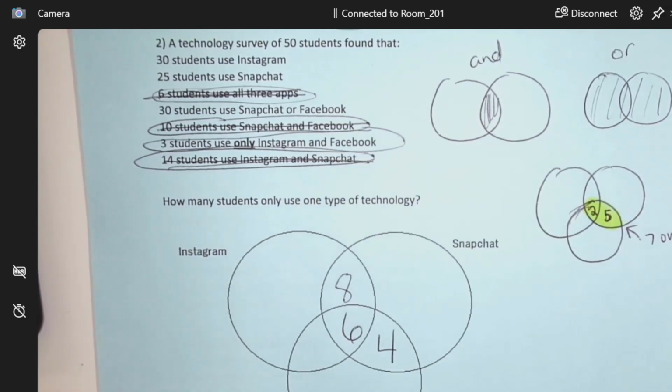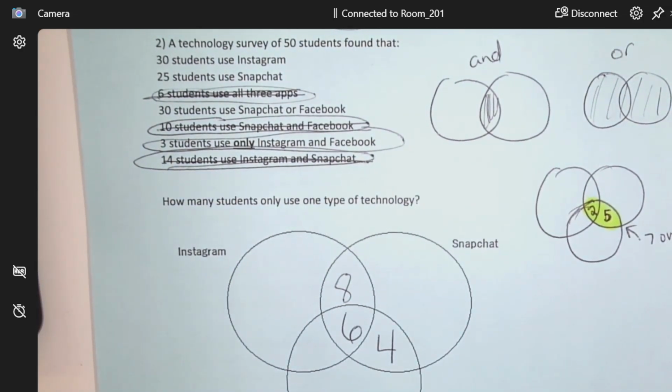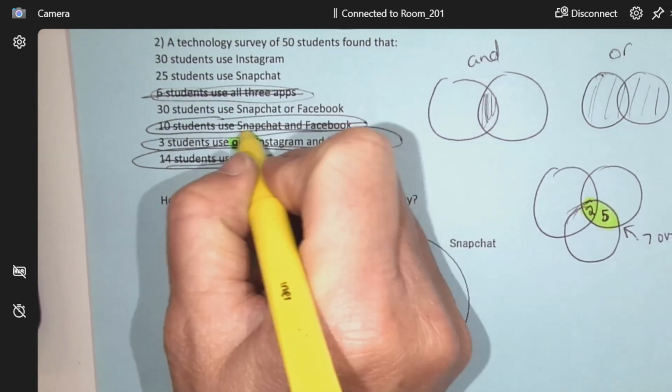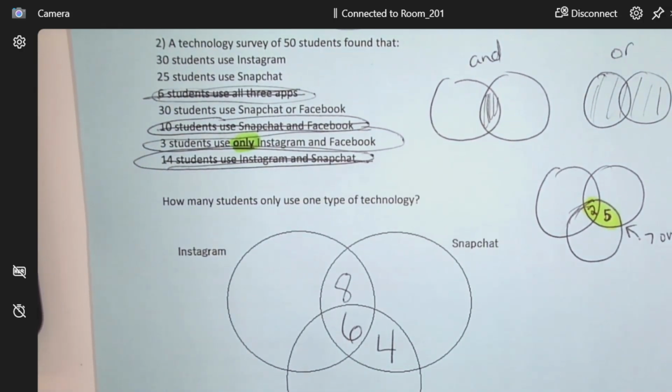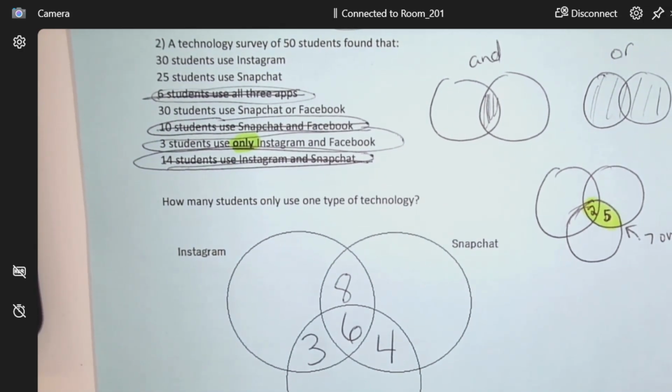And then there's another and statement here, 3. But this statement is different because it says the word only. 3 students only use Instagram and Facebook. So I'm actually just put 3 there because of the word only.